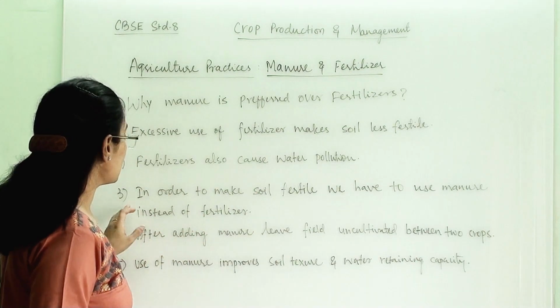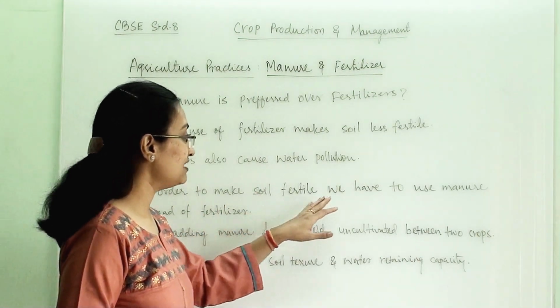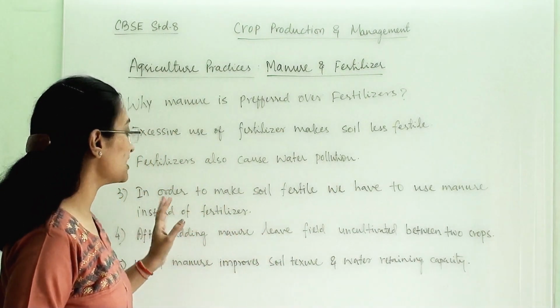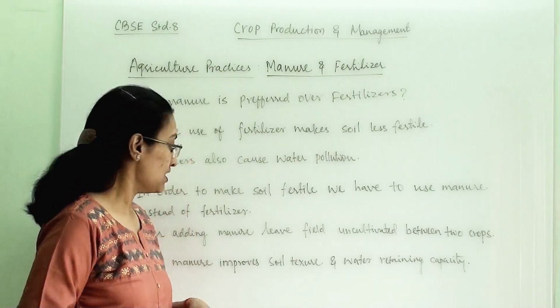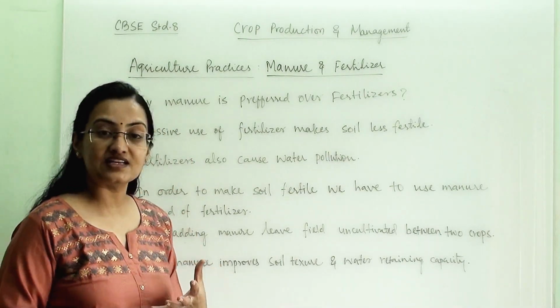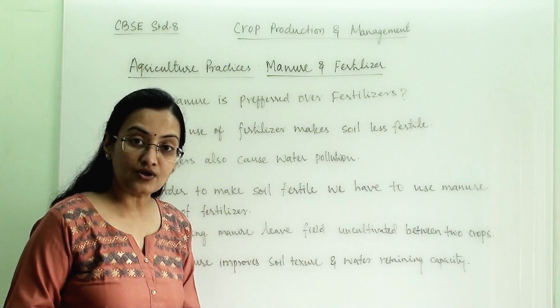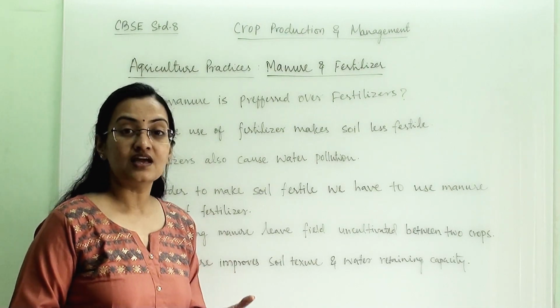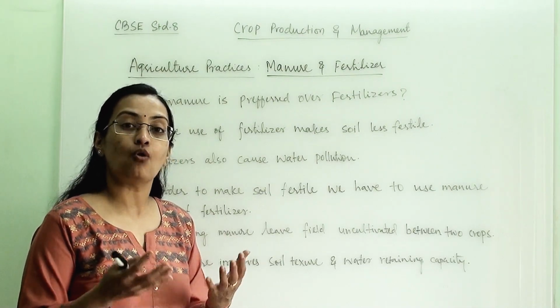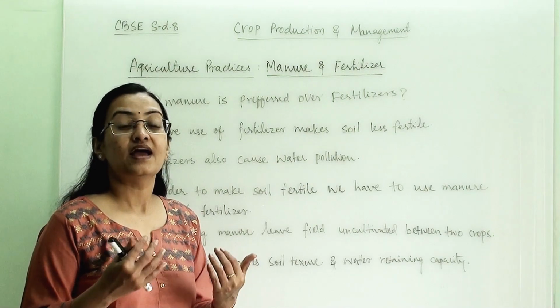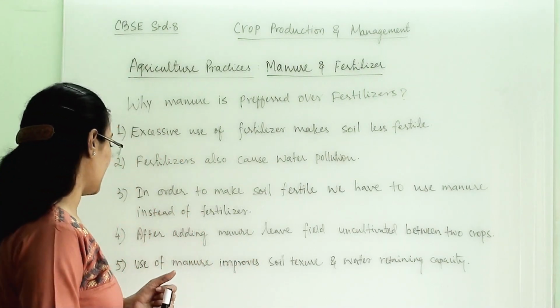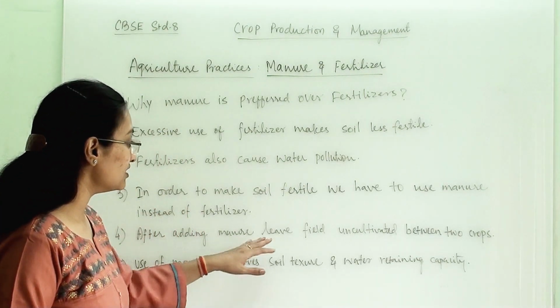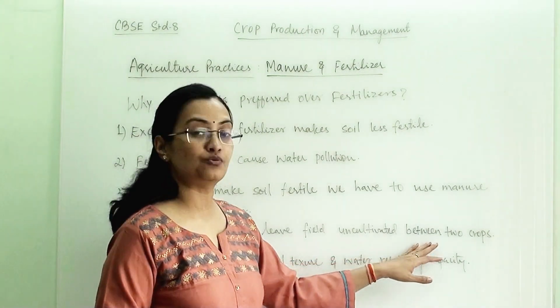Third, in order to make soil fertile, we have to use manure instead of fertilizer. Why? Because manure is an organic substance, biodegradable and natural, and it will replenish the soil with all the nutrients that have been used up over a period of time. After adding manure, leave the field uncultivated between two crops.